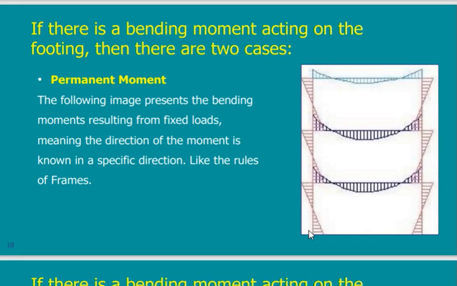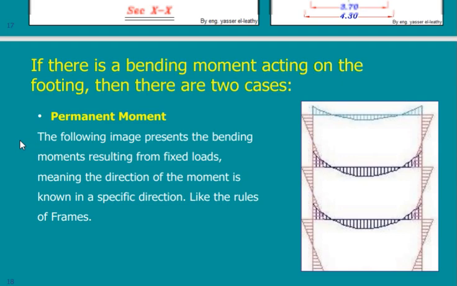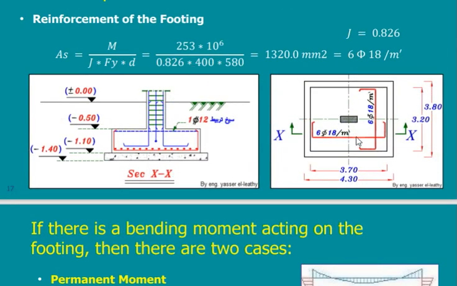It's not the moment acting on the footing, it's the moment due to the ground on the footing itself. The same moment that we calculated before and that resulted in this steel reinforcement. This steel reinforcement is not due to a moment coming from the structure. No, it's the moment coming from the soil itself.